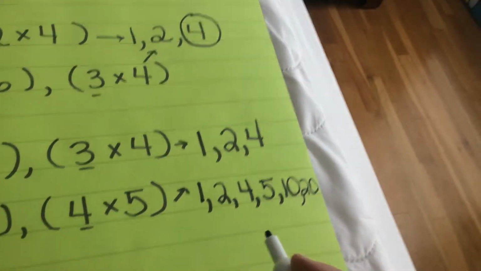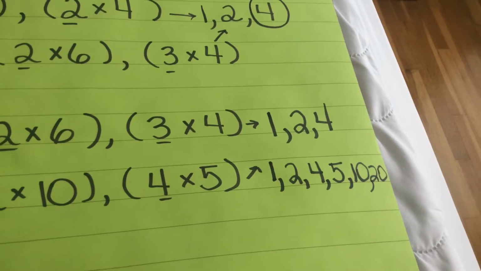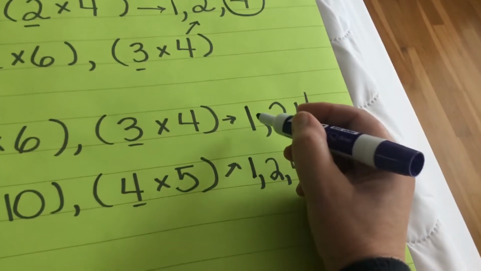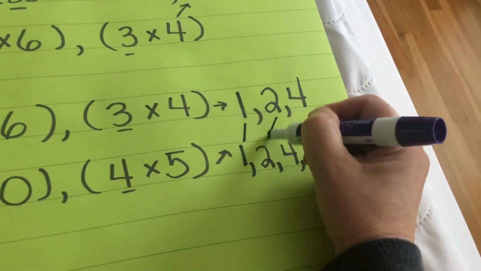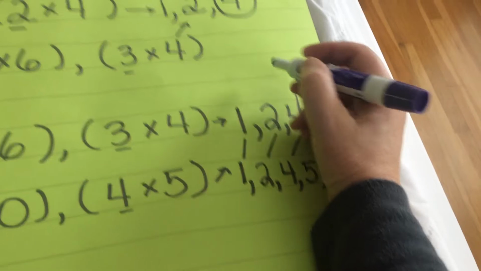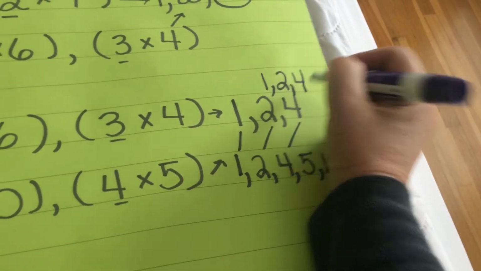And then they're asking us, what are the common factors of 12 and 20? Well, we should see 1, 2, and 4. So we're going to write in that box 1, 2, and 4.